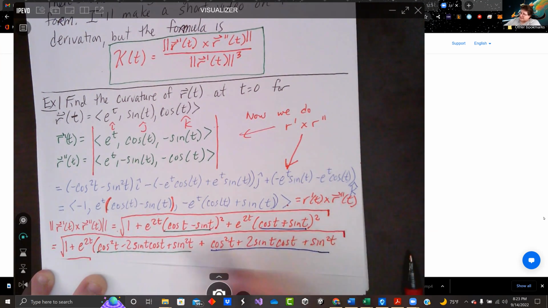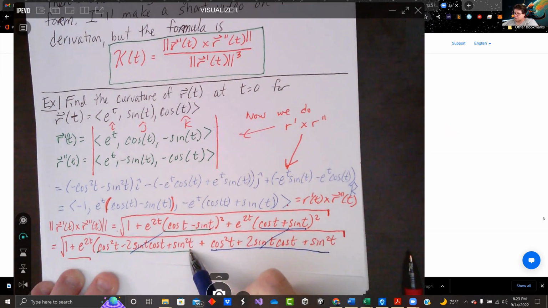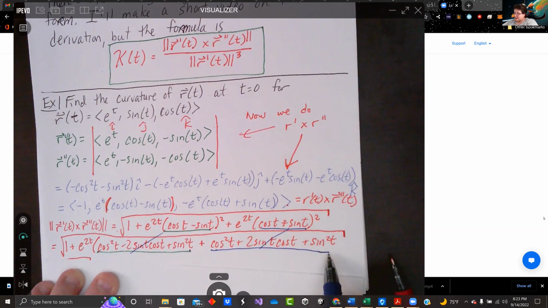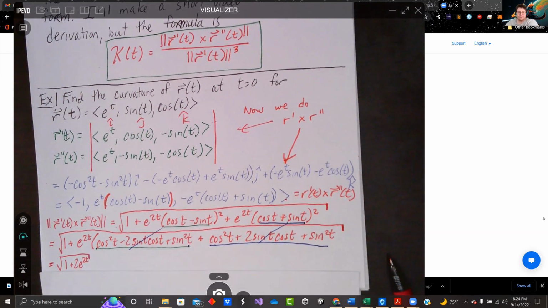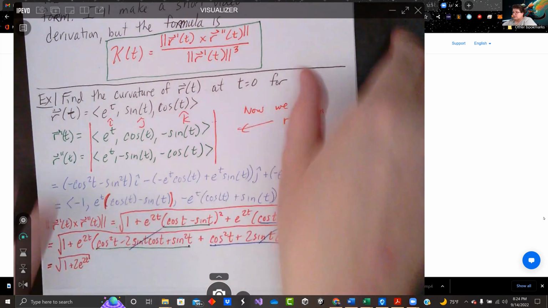The negative 2 sine t cosine t cancels out with the positive one. I'm left with cosine squared t plus sine squared t, that makes 1. And then another cosine squared t plus sine squared t makes another 1. So I got 1 plus 2e to the 2t in the radical. We're almost done. Let's bring it home.